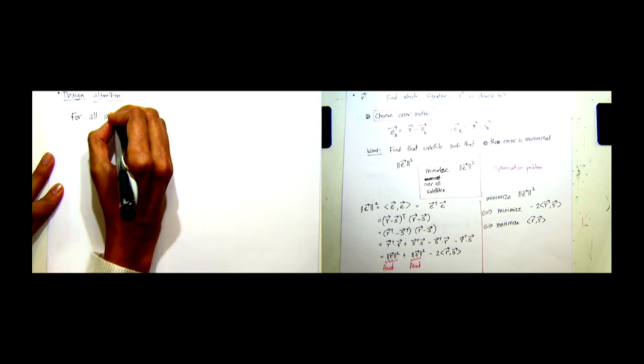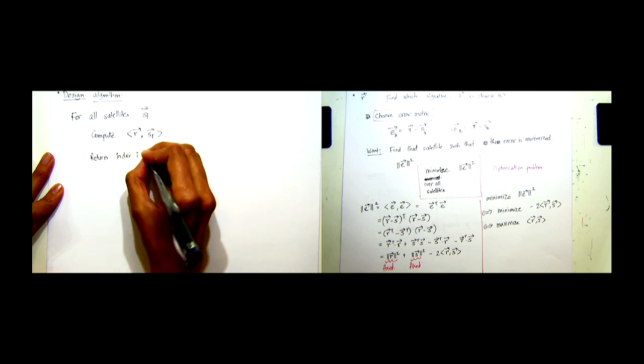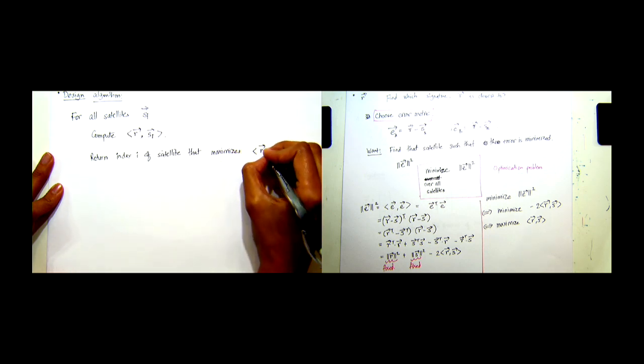I'm going to say for all satellites S_i, compute the inner product of R and S_i. Return that index i of the satellite that maximizes this inner product.